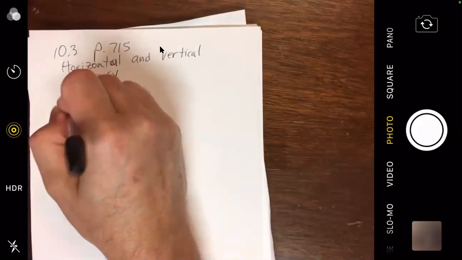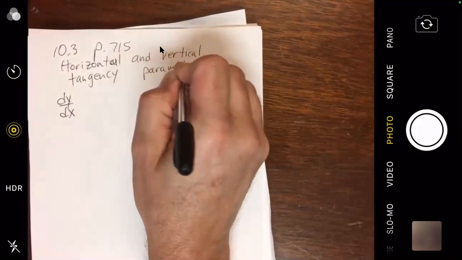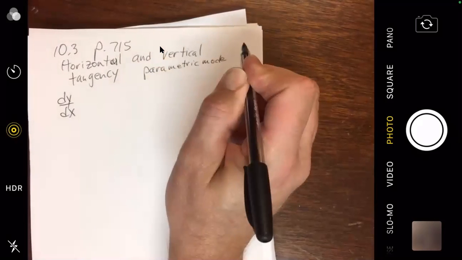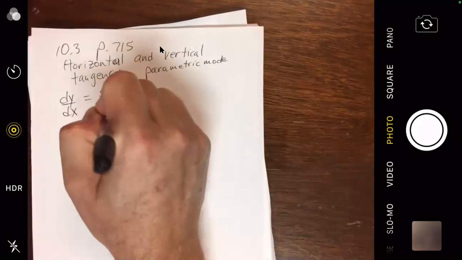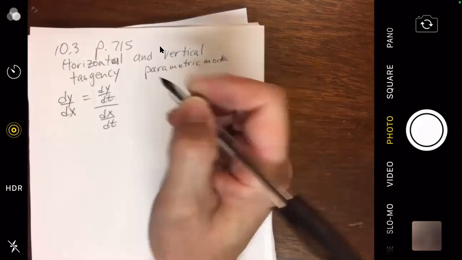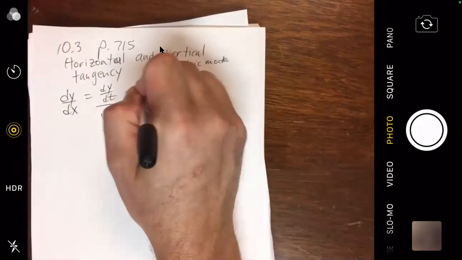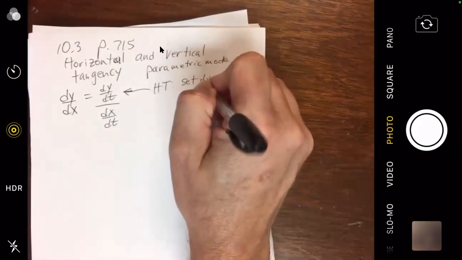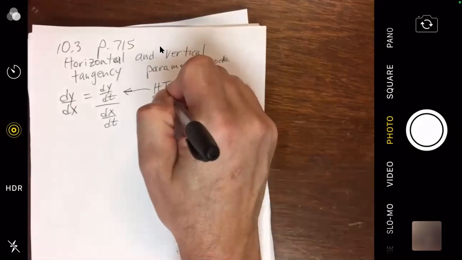All right, and so just to try to explain it again, the full problem is to have a slope in parametric mode. dy/dx is dy/dt divided by dx/dt. For horizontal tangency, you're going to use this and set dy/dt equals 0, because your slope equals 0.